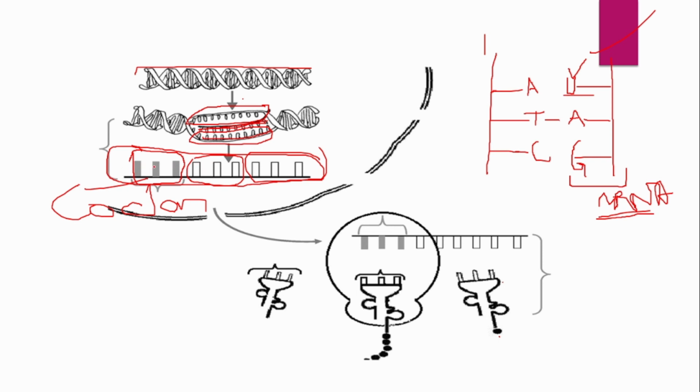So this is a codon, this is a codon, and this is a codon. After messenger RNA is formed in the nucleus, it leaves the nucleus, and we start the second process of protein synthesis.